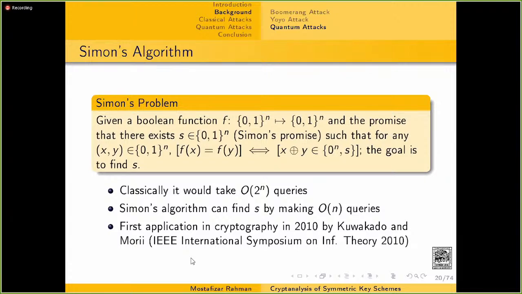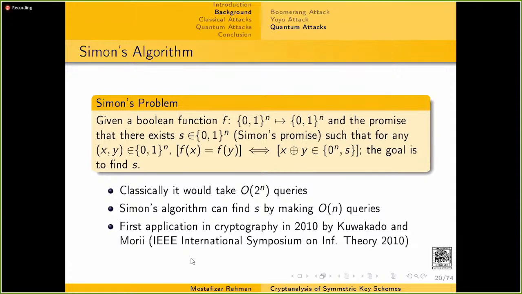Using classical algorithms, we can find the periodicity of that function by making order of 2 to the n queries. Whereas Simon's algorithm can find the periodicity of the function by making just order of n queries. So it is actually giving an exponential speed up.